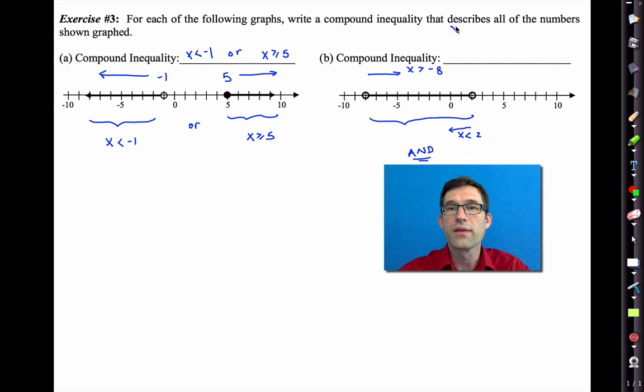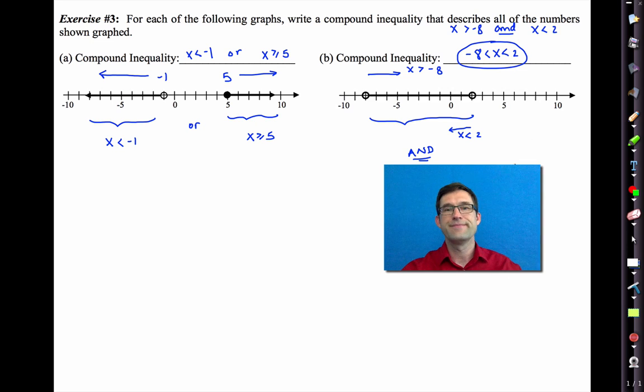So one way of writing this is x is greater than -8 and x is less than 2. But what would be more common is writing it as that single inequality. -8 is less than x is less than 2. So that would be more common. Okay?